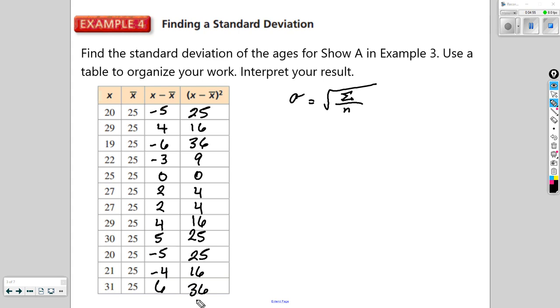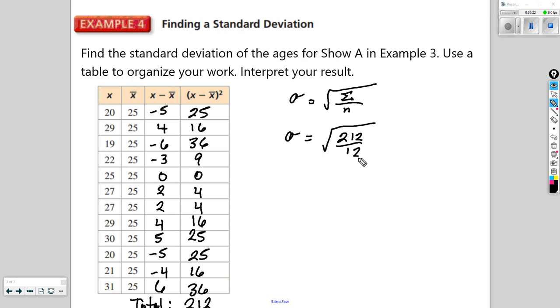So what we need to do is find the sum, or the total, of that rightmost column. So we're just going to add up all these values. If we do that, we get 212. So now we can find the standard deviation. We're going to take the square root of 212 over the amount of data values, which is 12.